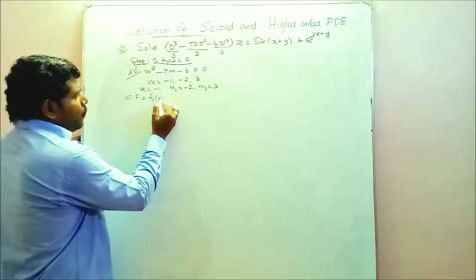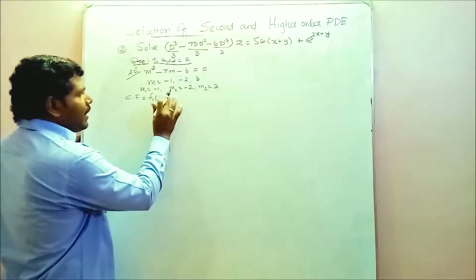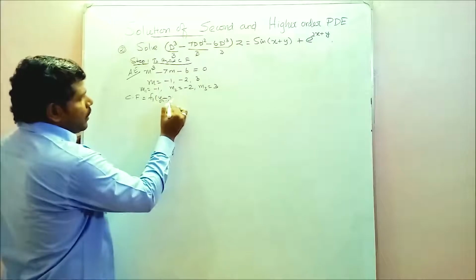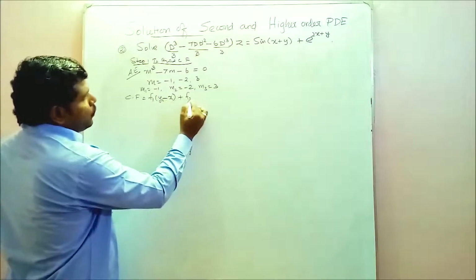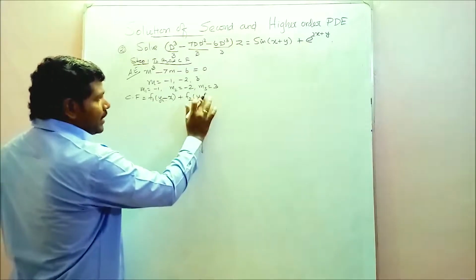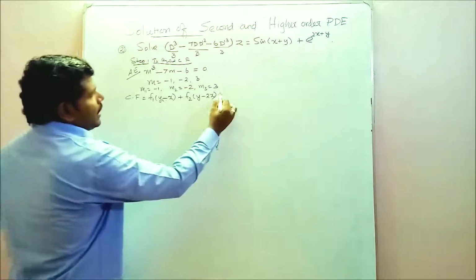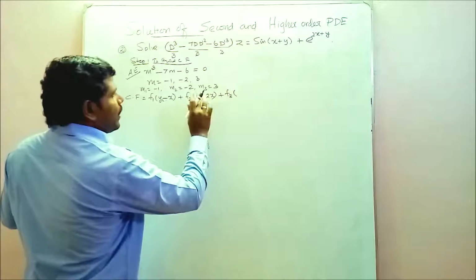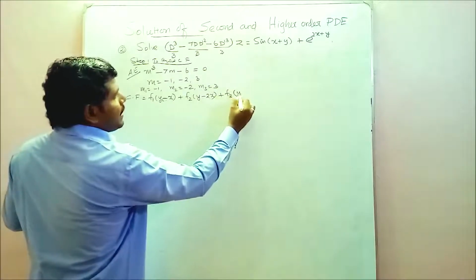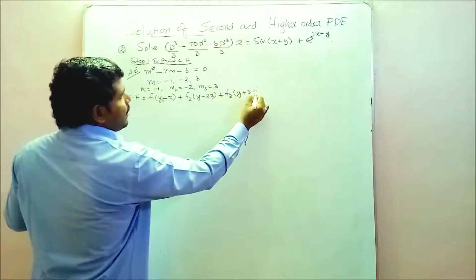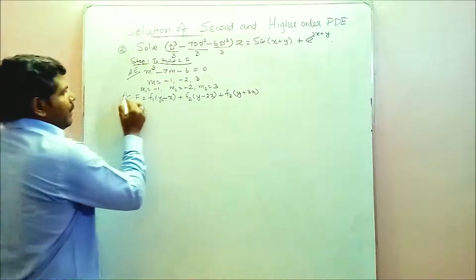So f1 of y plus m1x, m1 அப்படின்னா minus 1 அப்போ minus x, plus f2 of y plus m2x, இங்க plus m2 உடைய வேல்யூ -2 அதனால -2x, plus f3 of y plus m3x, y plus m3x அதனால 3x அப்படின்னு வந்துரும். So this is a complementary function.